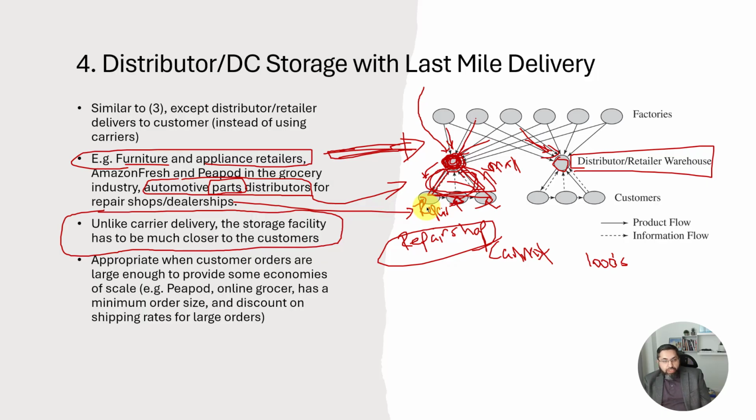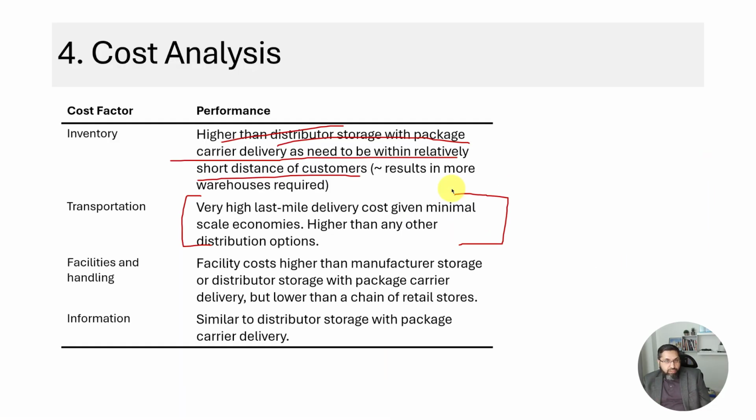Dealerships may not have access to full big trucks rolling in, and they may not have these loading and unloading docks. So you'll need to have smaller trucks, which need to have a lift gate service to be able to put the parts down, or vans. Sometimes they use vans. Sometimes they use small trucks. Okay. So the last mile delivery costs are going to be high.